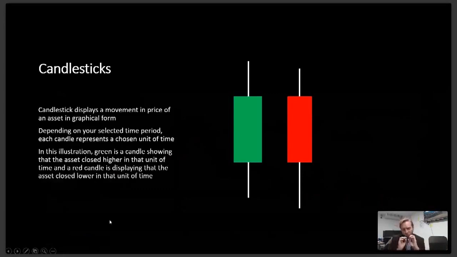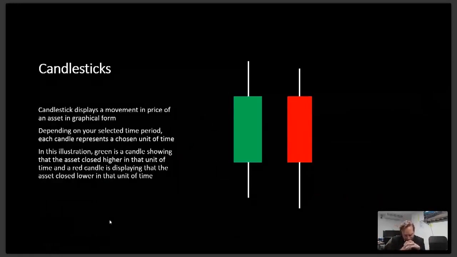Now, for this illustration, and it tends to be quite a popular color choice when it comes to candlesticks, the green candle is showing that the asset closed higher in that unit of time. And a red candle is displaying that the asset closed lower in that unit of time.